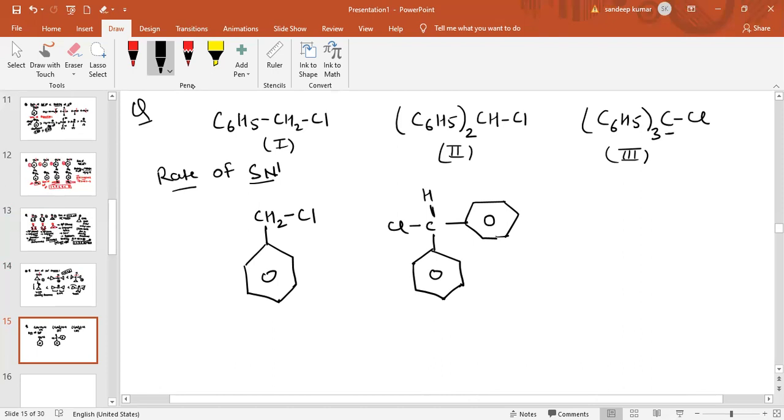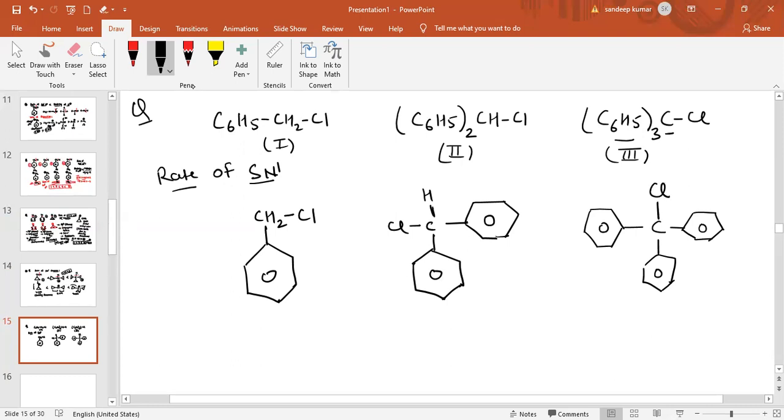In the third one, there are three phenyl rings attached to the carbon, and on this carbon there is chlorine.